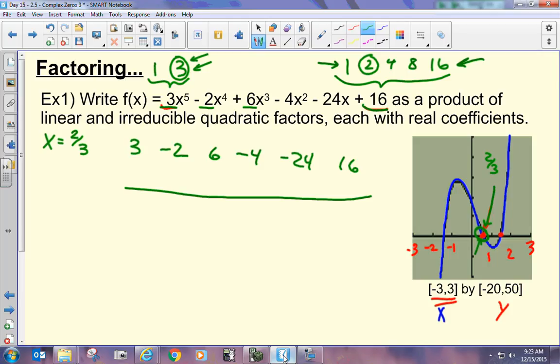There are 2 ways I can do this, remember? I can keep it like this, 2/3, and I would add all my products instead of subtract. Or I can put it in my factored form, then all the products I get I would have to subtract.